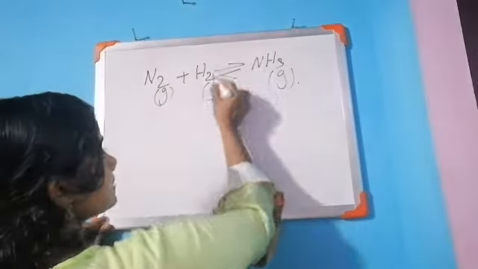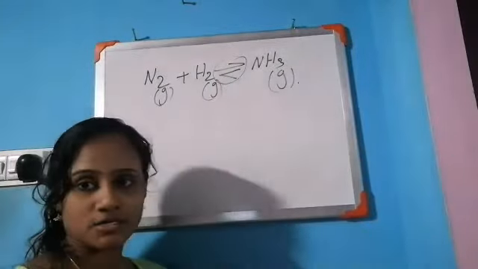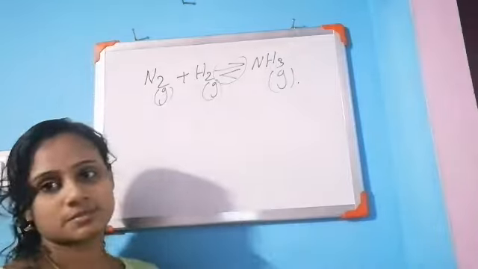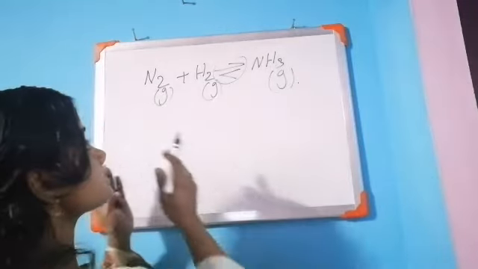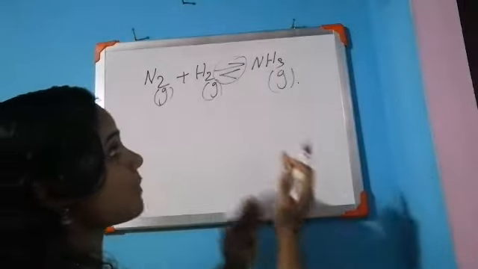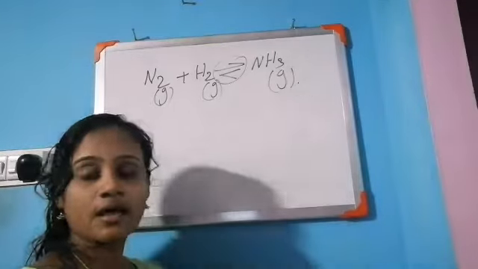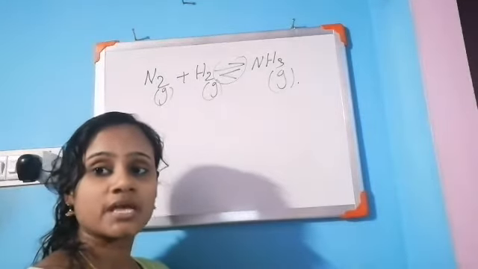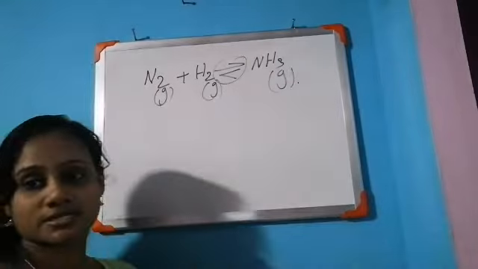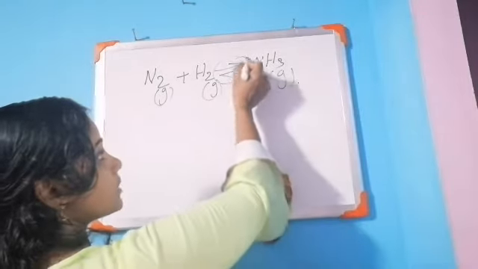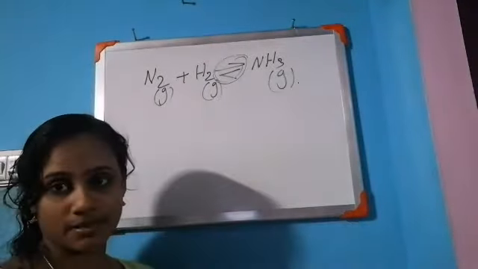This symbol denotes that it is a reversible reaction. That is, nitrogen reacts with hydrogen to form ammonia, and ammonia can dissociate and return back to nitrogen and hydrogen. That is denoted by this reversible symbol.